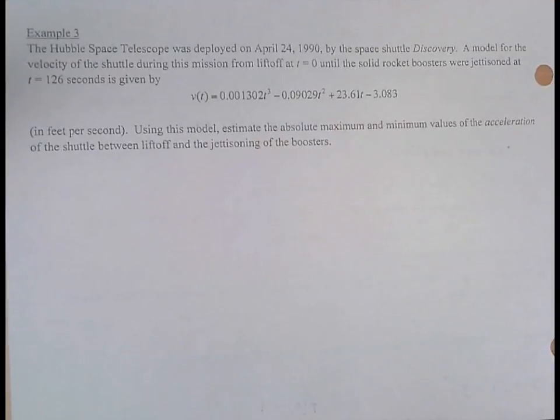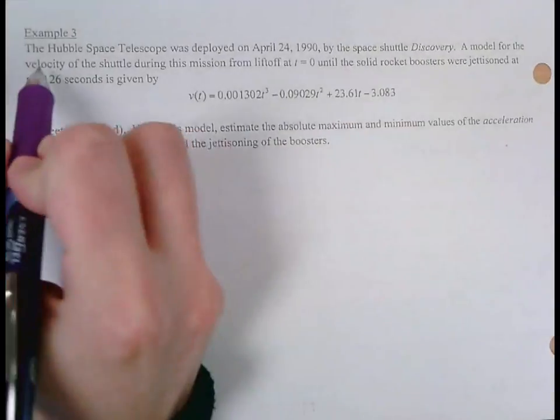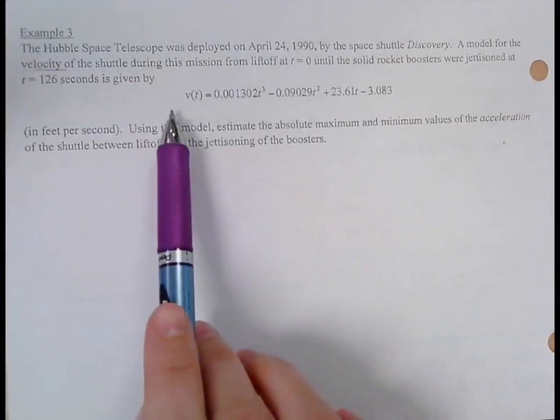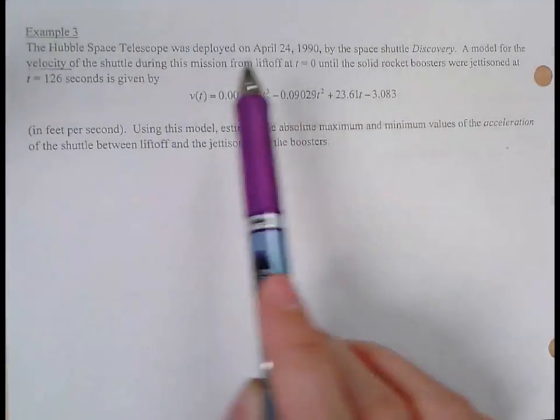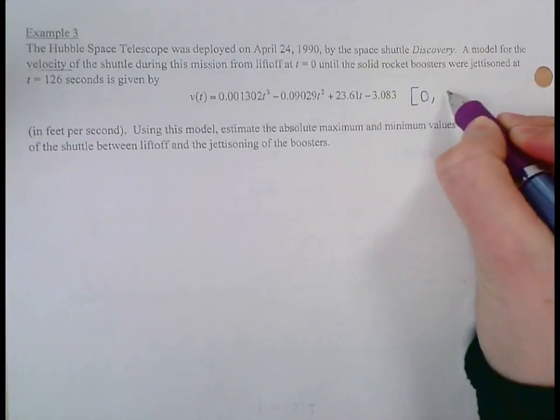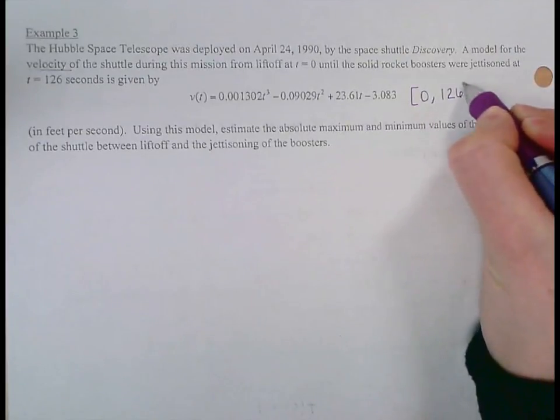So the last example, we have the Hubble Space Telescope was deployed on April 24th, 1990 by the Space Shuttle Discovery. A model for the velocity of the shuttle during this mission from liftoff at t equals 0 until the solid rocket boosters were jettisoned at t equals 126 seconds is given by, here's again the velocity. So I'm just going to write after this, the interval is 0 to 126.